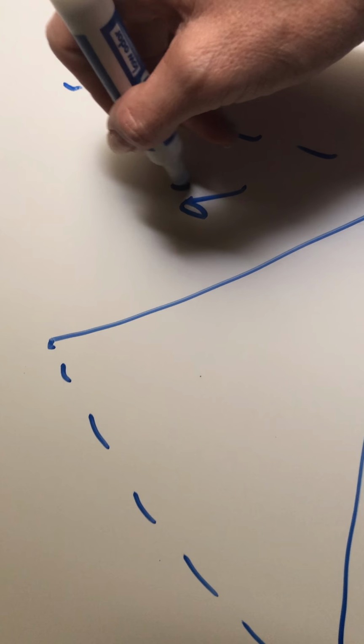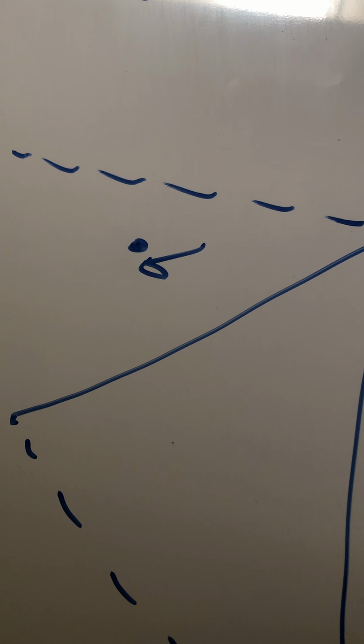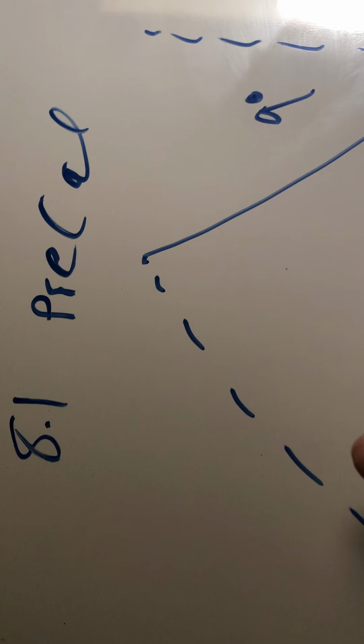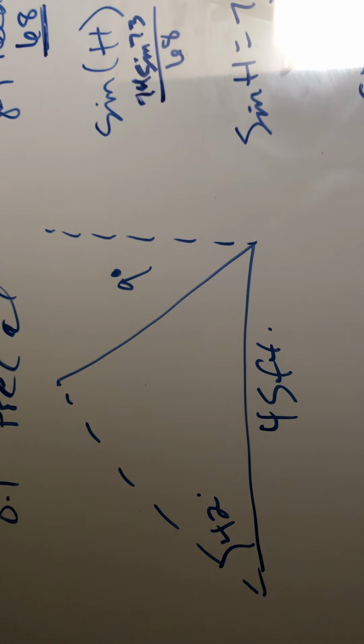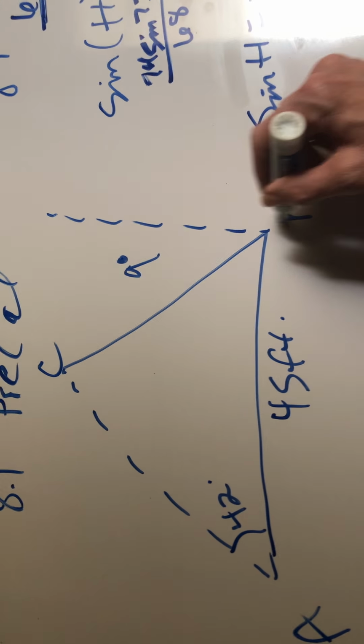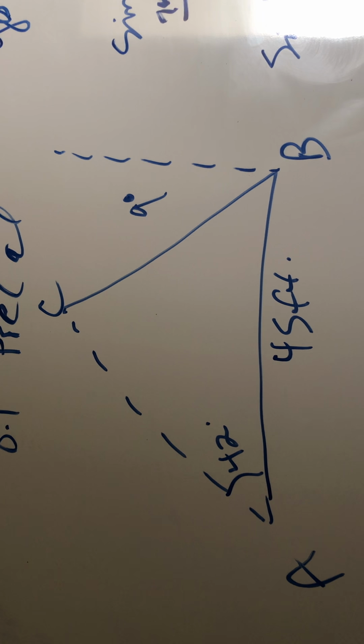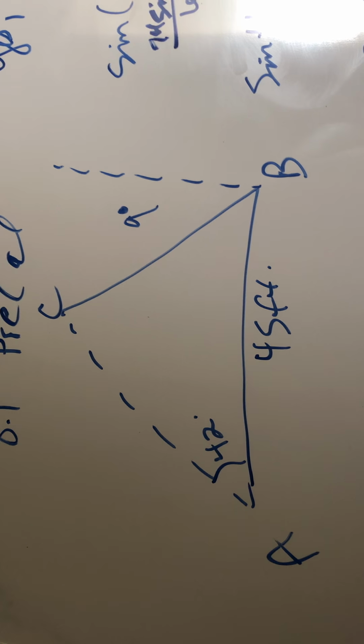This is 9 degrees in here. This is 45 feet. This is 42 degrees. Let's see, I think this is A, C, and B. Okay, so that's what you're given. That's the picture you're given.